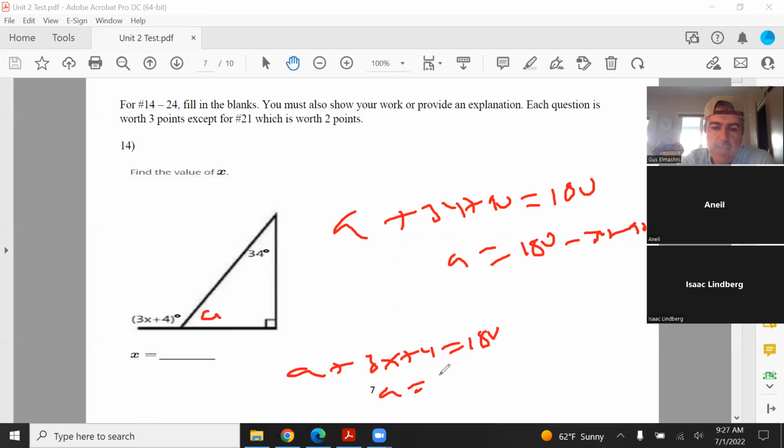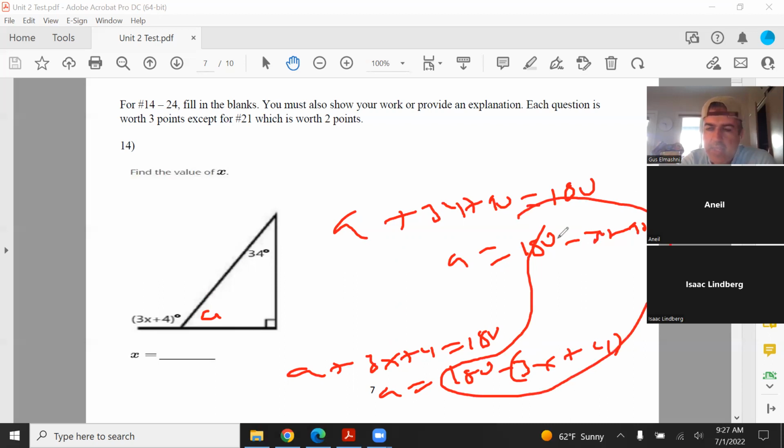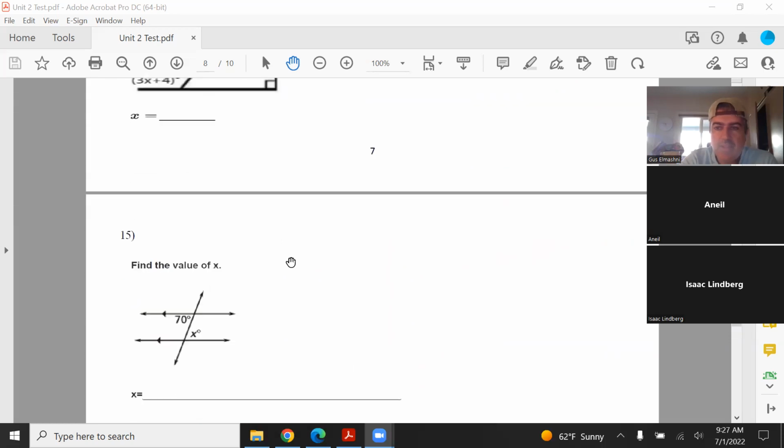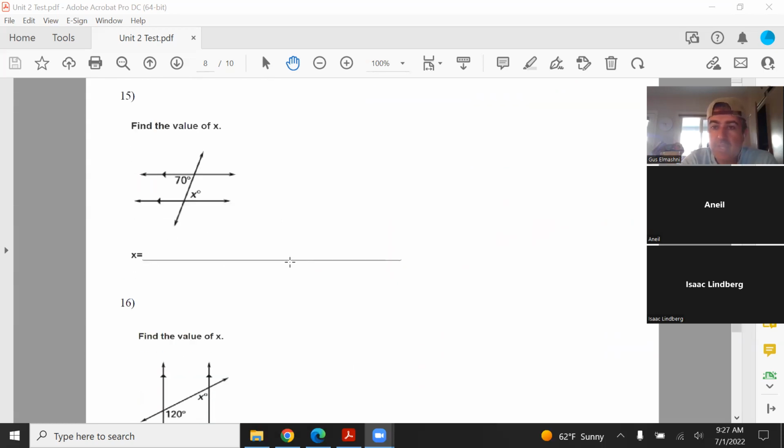So A is going to be 180 minus, in parentheses, 3x plus 4. So both of these equal each other. The 180s cancel. So 3x plus 4 will equal 34 plus 90. So that's another way of looking at it too, if you took a more mechanical approach. But yeah, that's all it is. I think I've dissected that as much as I can.